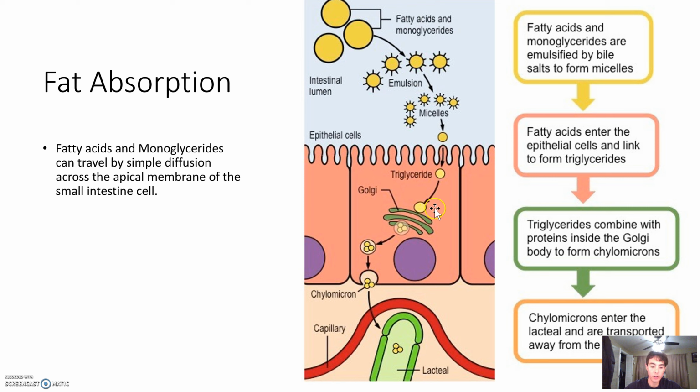So this is a large droplet that is then subsequently packaged by the Golgi apparatus into smaller secretory vesicles, and these are bound for exocytosis into the rest of the body.